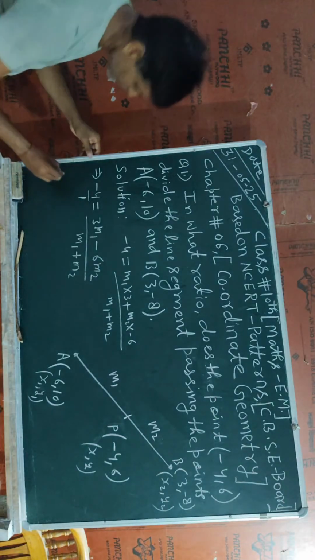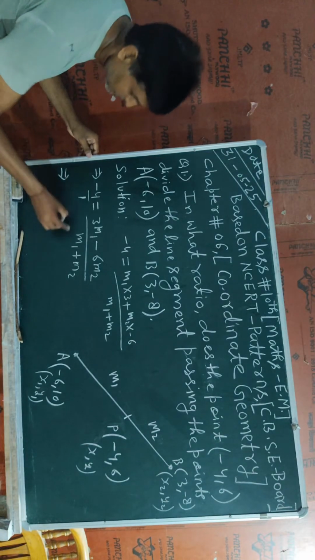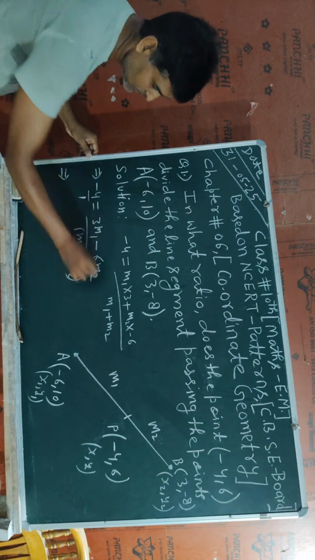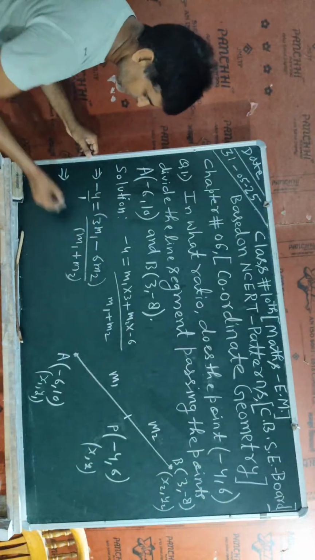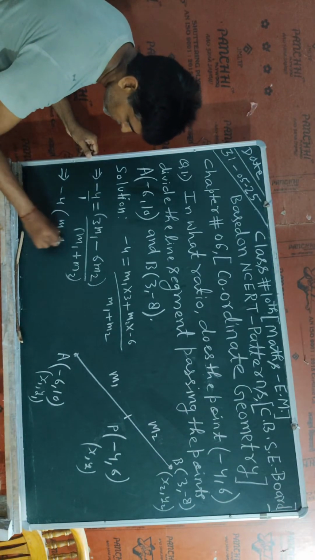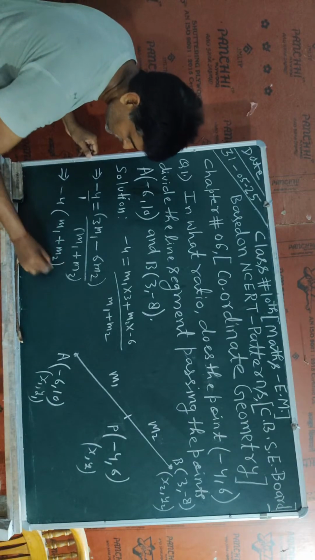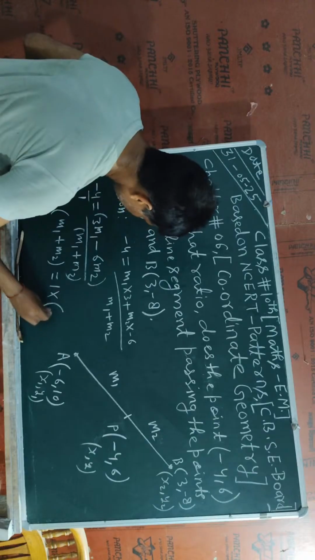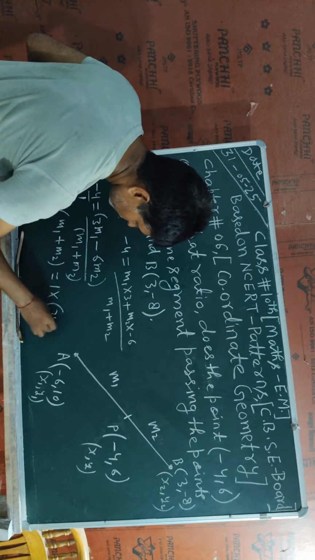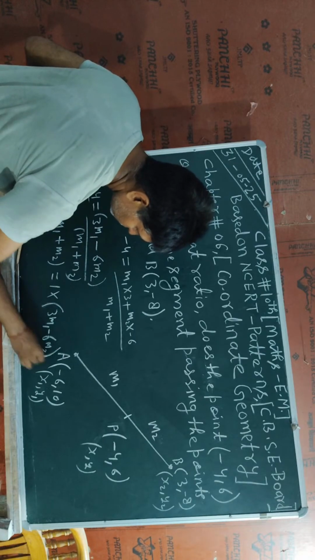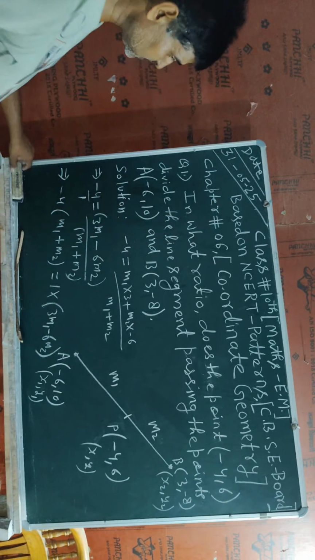I will multiply this term with minus 4 and 1 with this term. After multiplying, I will write minus 4 in the bracket m1 plus m2 which is equal to 1 into, in the bracket, m1 minus 6m2. So this information I have written here.